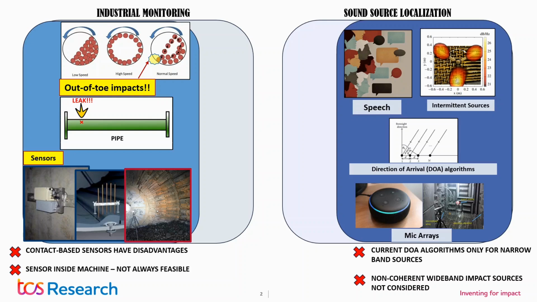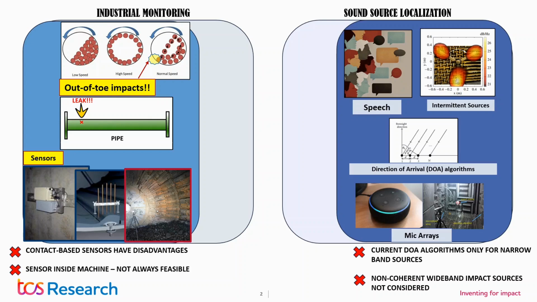So in literature, there are many good algorithms to find the direction of arrival. So you hear something, you record some sound, from which direction is it coming? There are many algorithms present, but those algorithms work on speech signal, like the way we are talking, and on periodic sources. An example would be the sound that is generated by the engine of an aircraft.